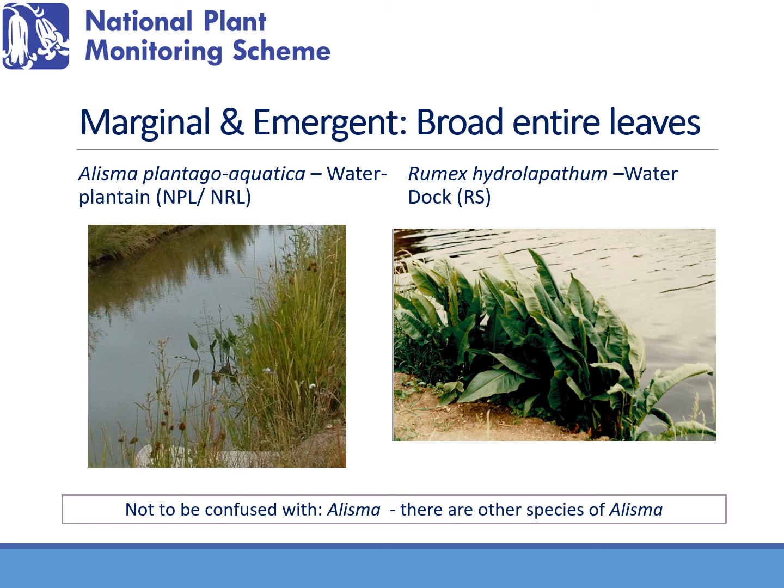Alisma can be quite easy to identify, but it can often be overlooked, particularly when it's growing amongst other dense emergent vegetation. So this example that I'm showing you in the picture on the left is still there. It's at a site that I've monitored over the last 10 years, but it's actually quite tricky to see because the leaves get hidden by all the other emergent vegetation that's grown up around it.